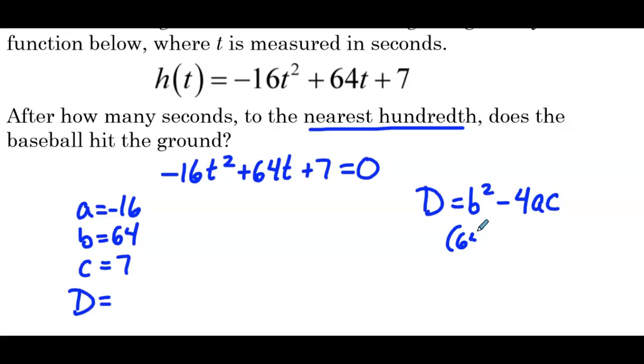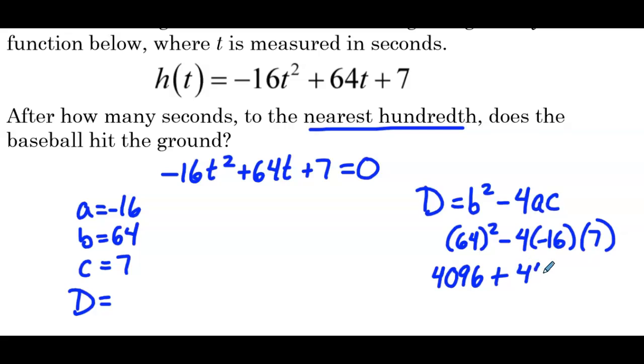So that's 64 squared minus 4 times negative 16 times 7. 64 squared is 4,096. And then plus 4 times 16 times 7 is 448, giving us a discriminant of 4,544.